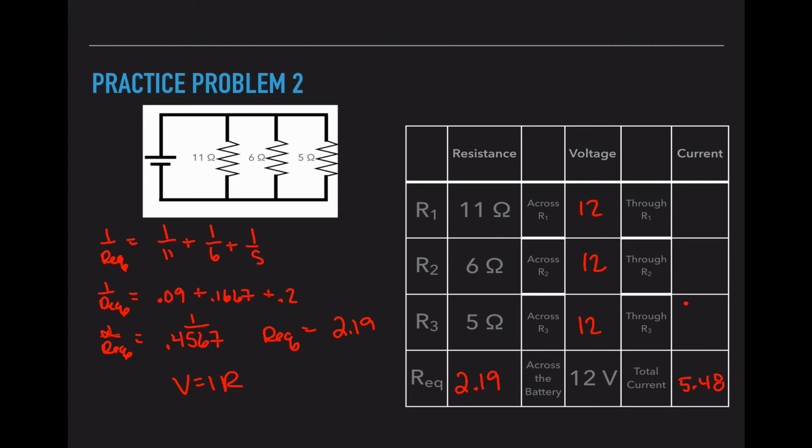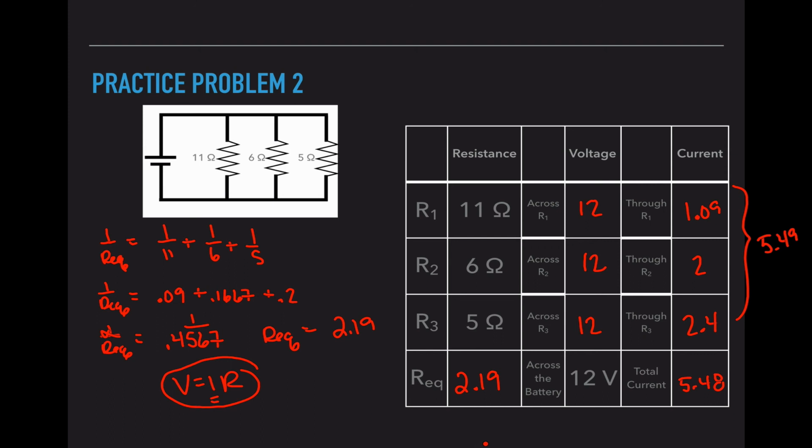That means these three values must add up to 5.48. 12 divided by 11 is 1.09. 12 divided by 6 is 2. And 12 divided by 5 is 2.4. So again, we used this equation to solve for each of the I values. And when we add these three up, we have 5.49, which is pretty close to our total current of 5.48.